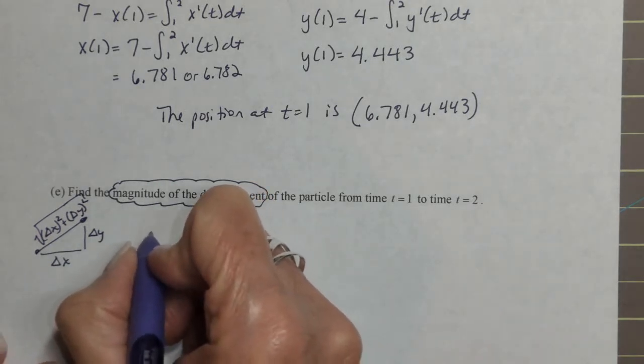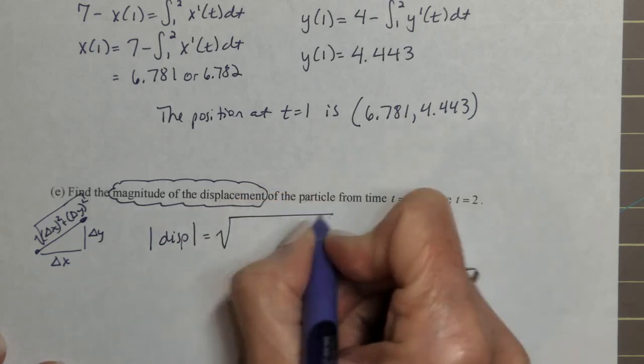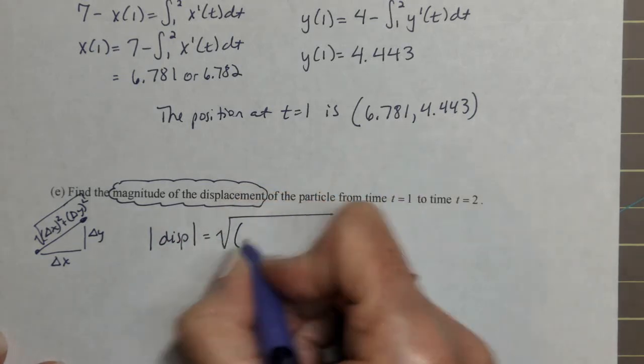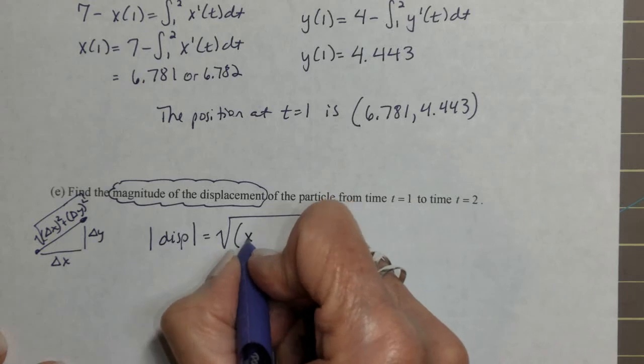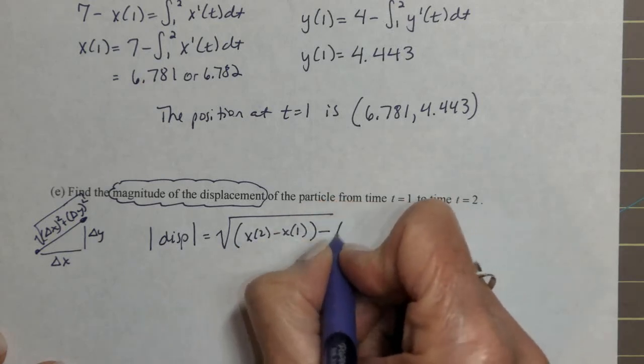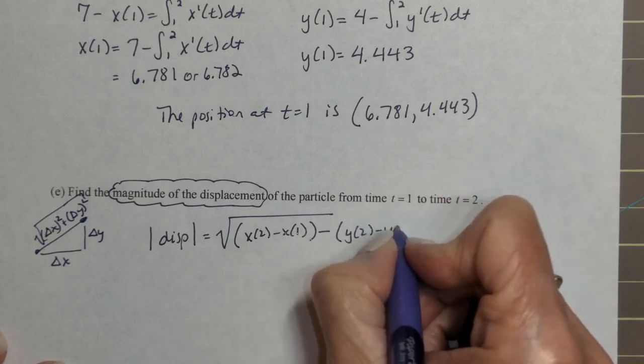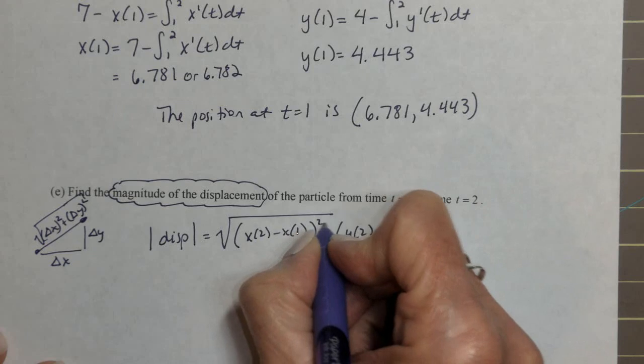So the magnitude of the displacement will be the square root of change in x, so x of 2 minus x of 1, plus y of 2 minus y of 1, both of these squared.